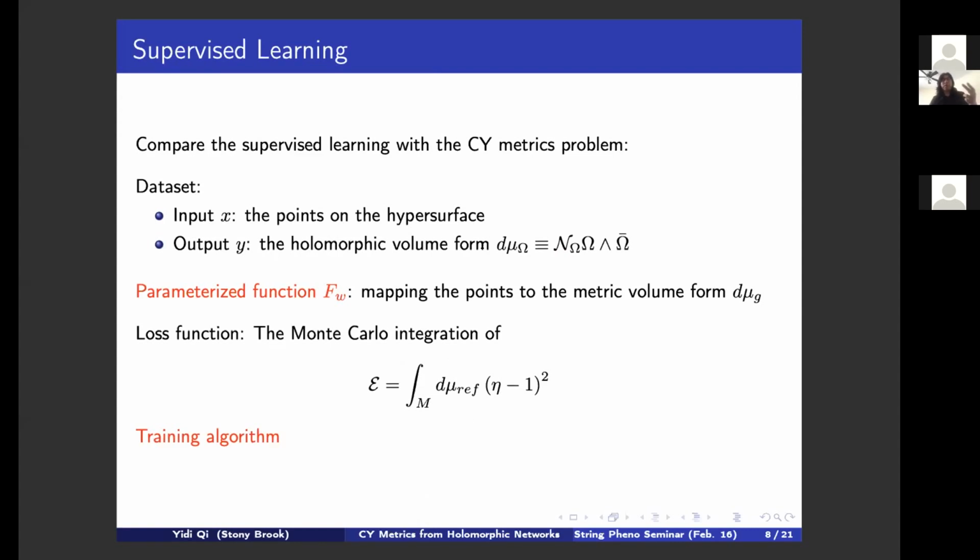Once we have the data set, we already have the loss function, which was proposed by Headrick: the integration of (eta minus 1) squared over the manifold, where eta is the ratio of the two volume forms. So now the question is, how can we construct our function f, and how do we find the appropriate training algorithm to train our network?